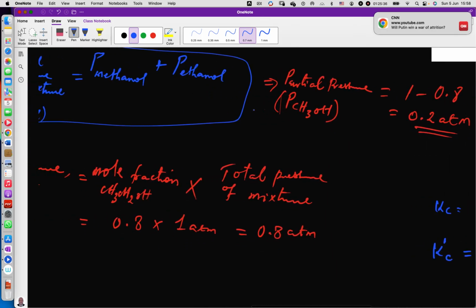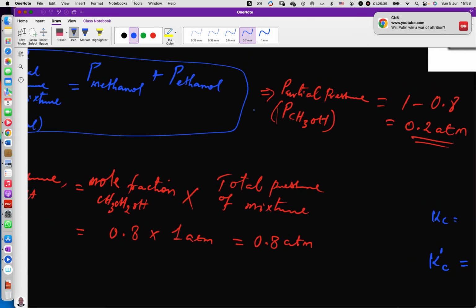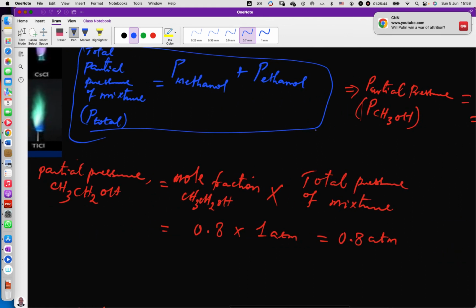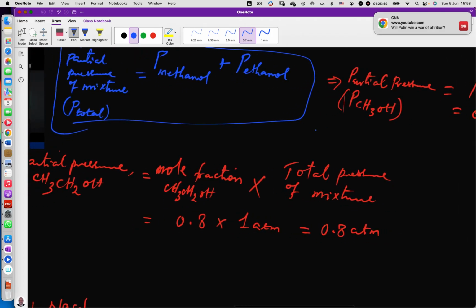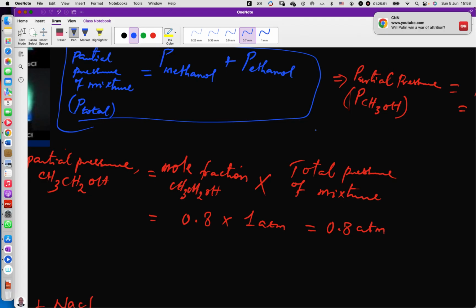We have been given the total pressure of the mixture. The partial pressure of ethanol is got by multiplying the mole fraction of ethanol times the total pressure.